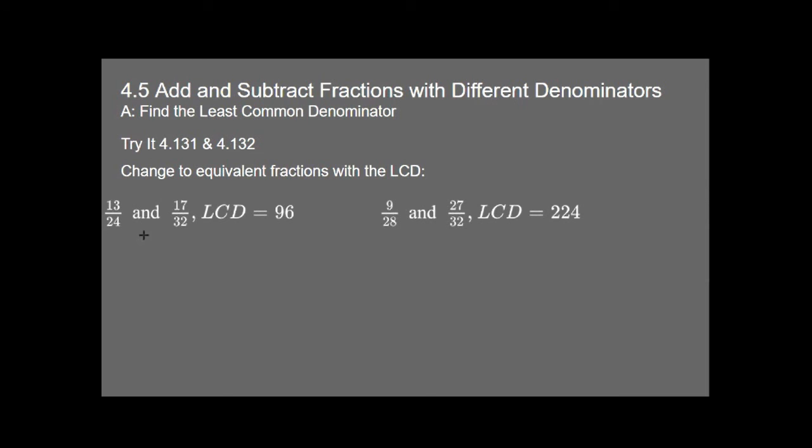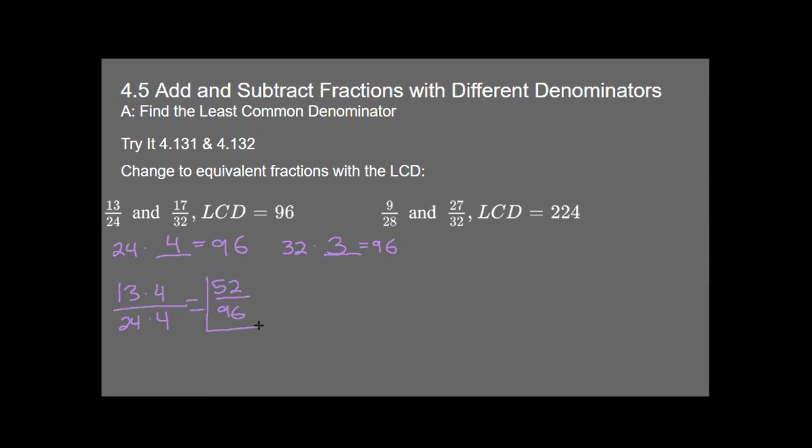So first, let's figure out what we multiplied 24 by to get 96. So 24 times what is 96? The answer is 4. And then 32 times what is 96? And that answer is 3. So I'm going to multiply 13/24 by 4 on the bottom and 4 on the top, and that is equal to 52/96.